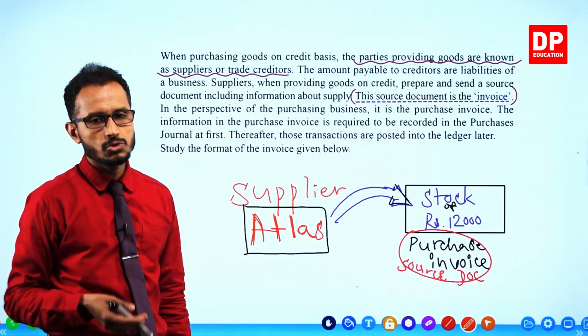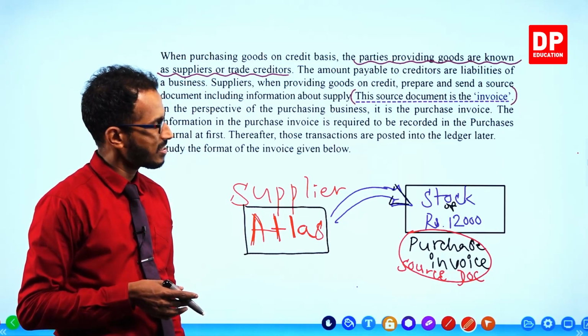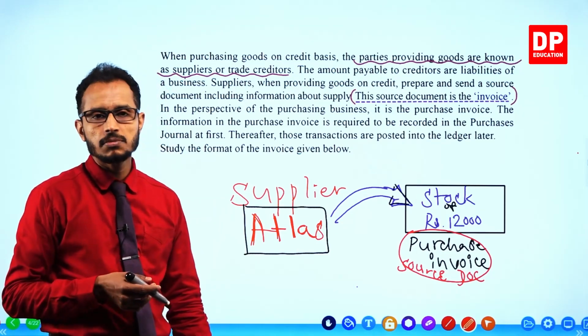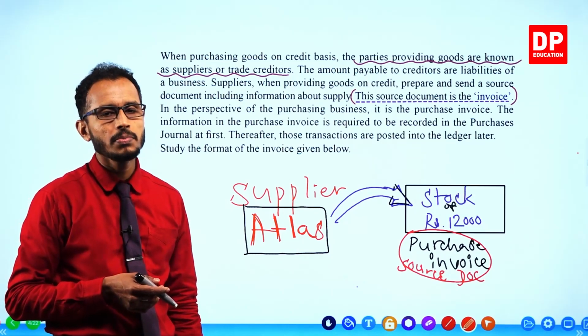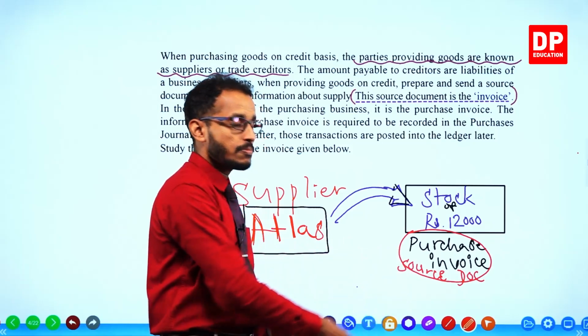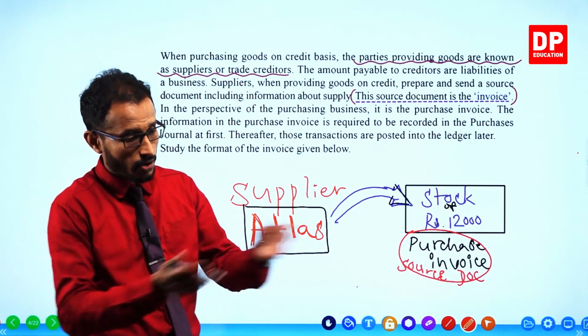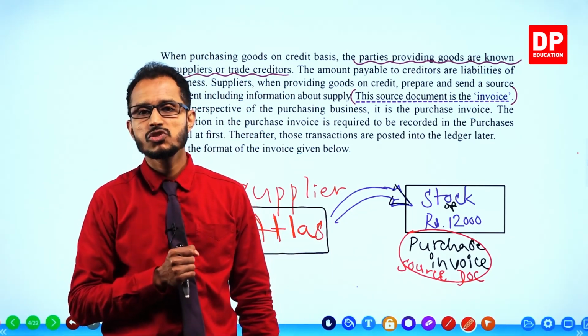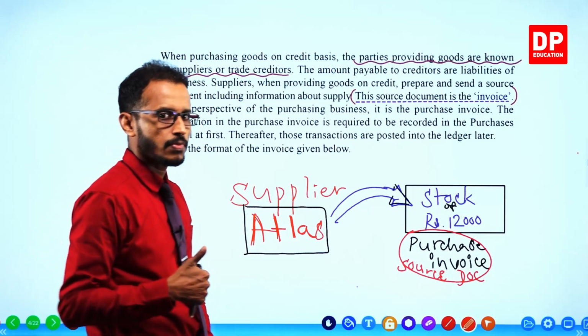You must transfer the information from the purchases journal, the purchase daybook. But all the invoices every day are collected and then recorded in the purchases journal. Good.